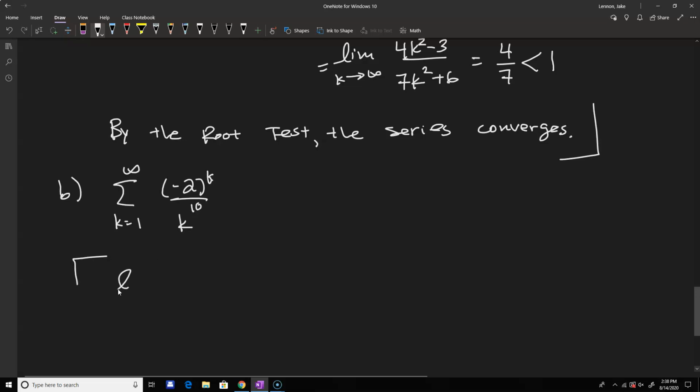So here we're looking at the limit as k goes to infinity of the kth root of the absolute value of this negative 2 to the k over k to the 10th, this whole thing raised to the, I said n. I meant to write k for the kth root. Again, like I said, they used to use n when I did this.